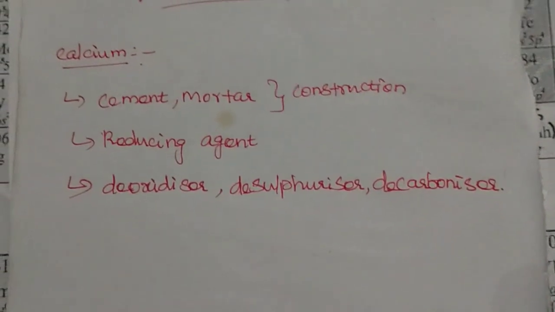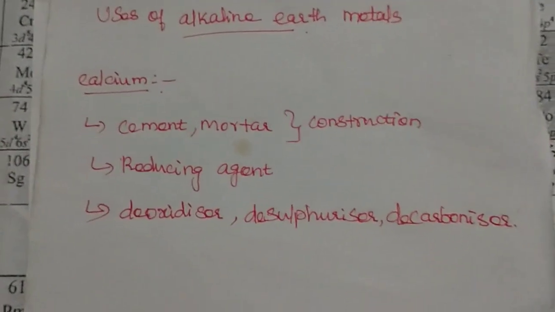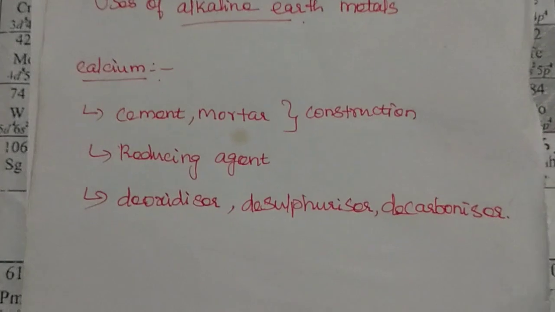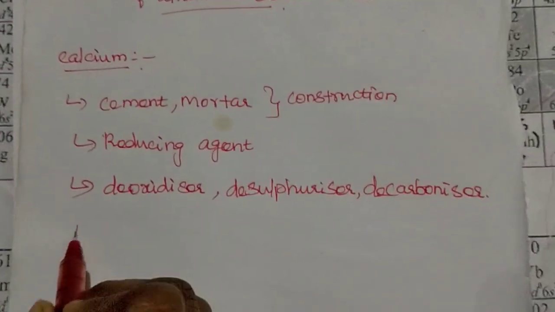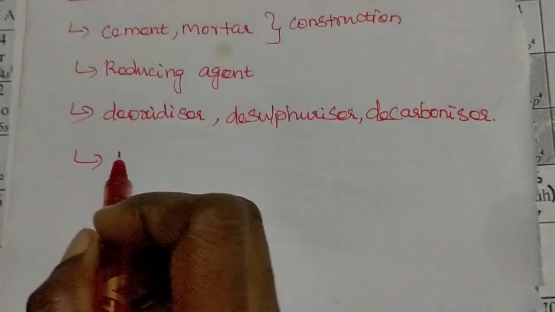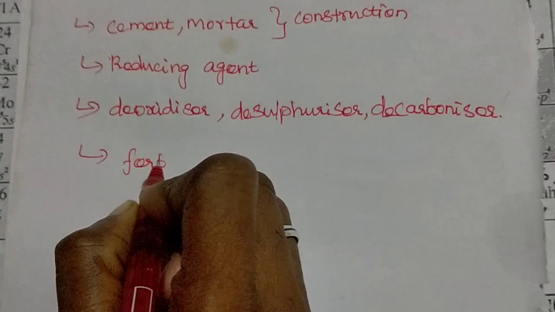So in the ferrous alloy, and some non-ferrous alloys also, we use calcium as a deoxidizer, desulfurizer and decarbonizer.